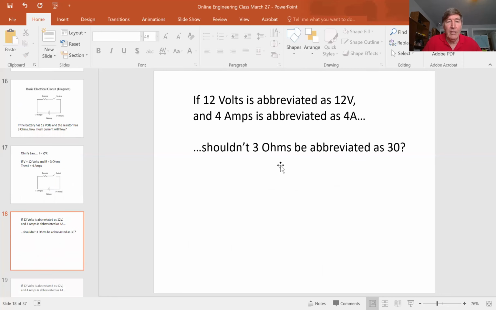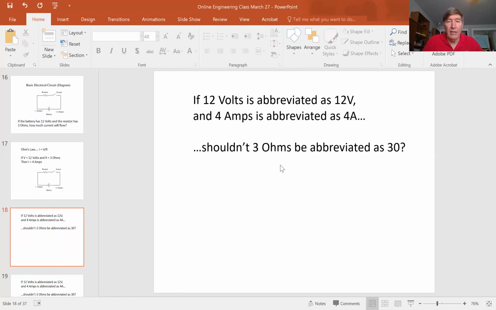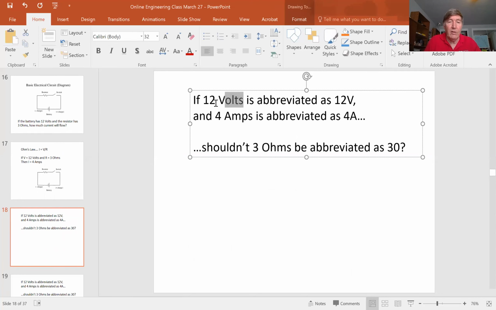All right, now, I don't like writing out the word volts and amps every time. So if I've got 12 volts, I'm going to abbreviate that as 12V, which makes sense. I've got 4 amps, which I could abbreviate as 4A.